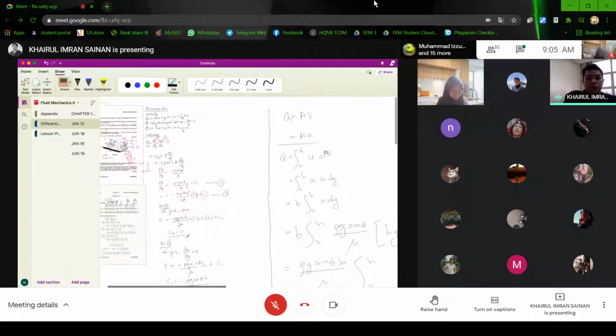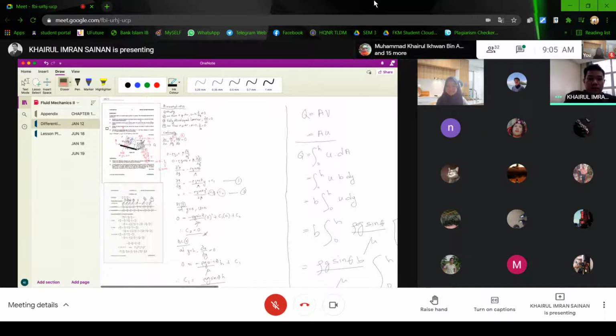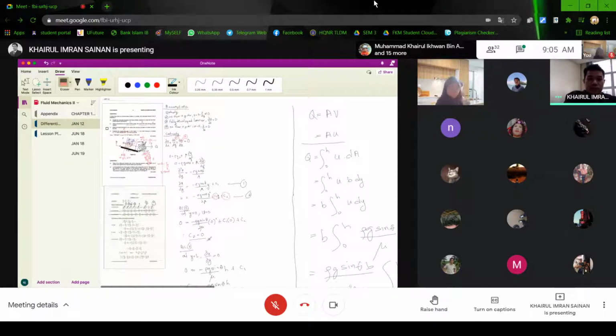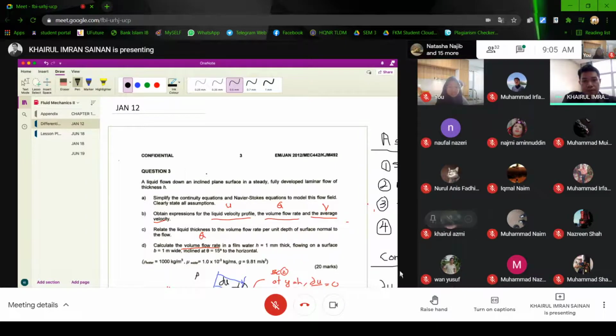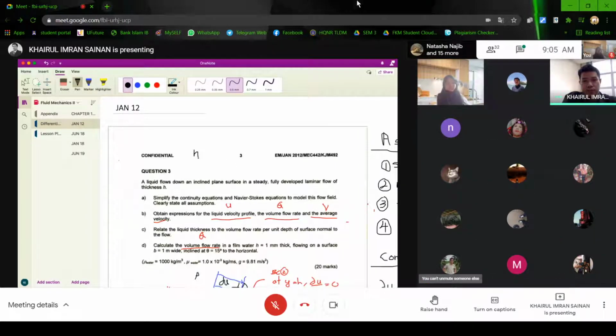Next we go to C. Relate the liquid thickness to the volume flow rate, per unit depth of surface normal to the flow. The keyword is what they want: H, the thickness.